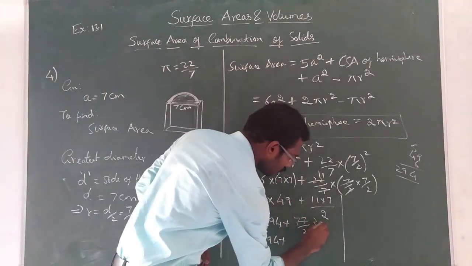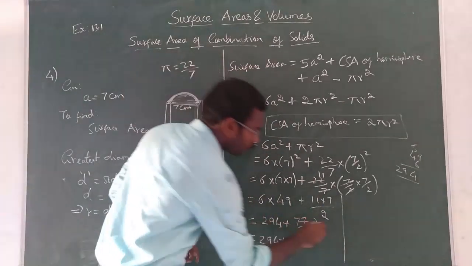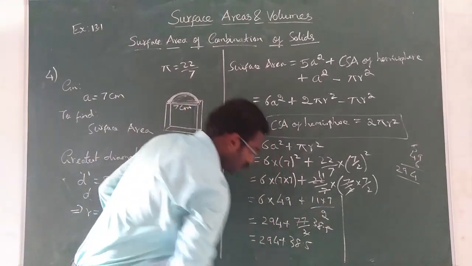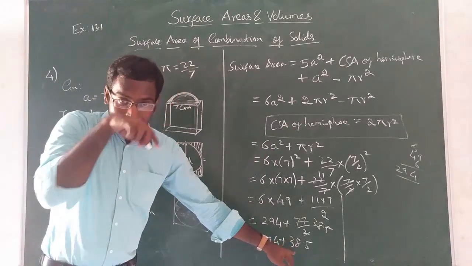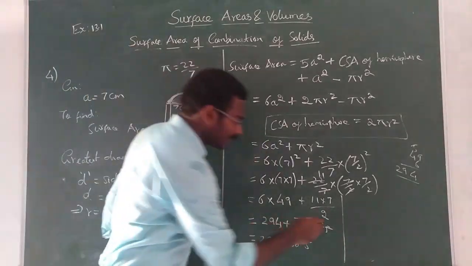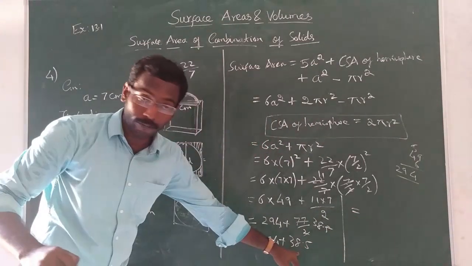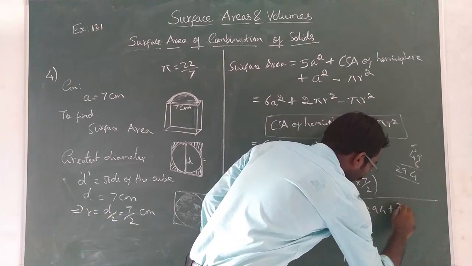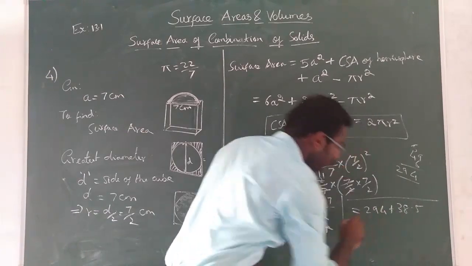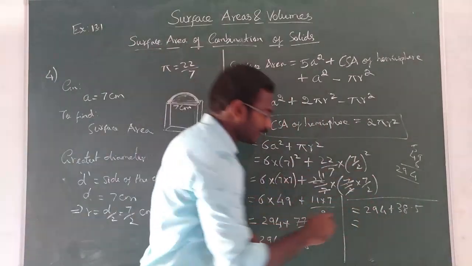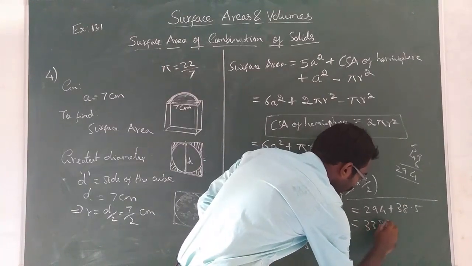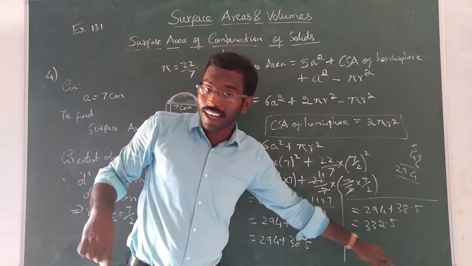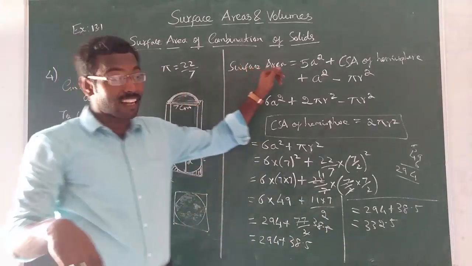So 8 times, remaining 1 is there. So 0.5. So it will be 294 plus 38.5. If you add that, you will get the answer 332.5. Clear? The answer is 332.5. What is this? This is the surface area.